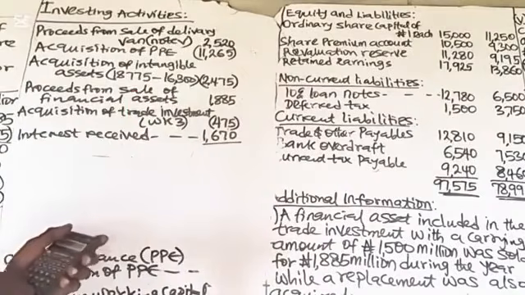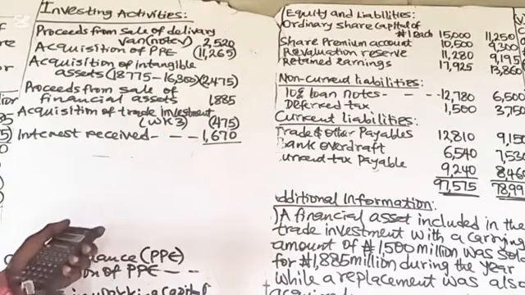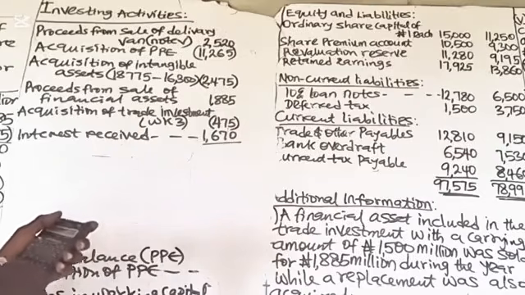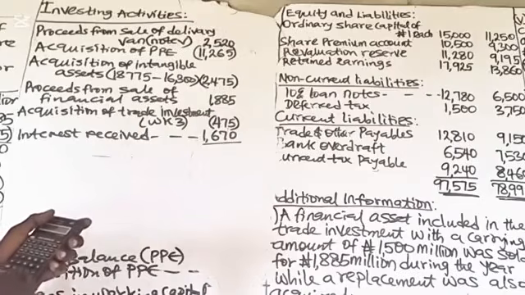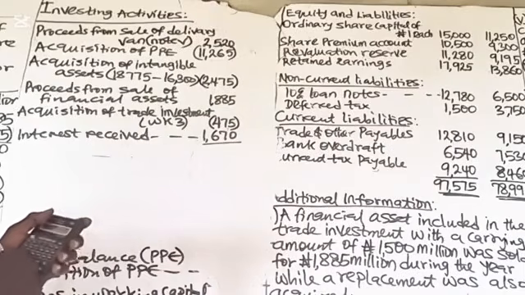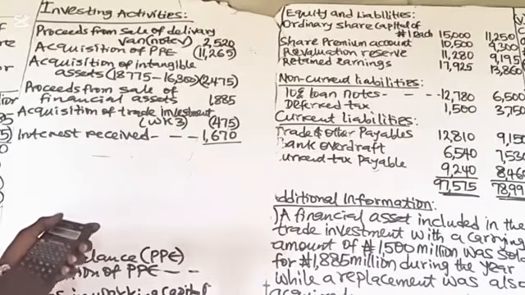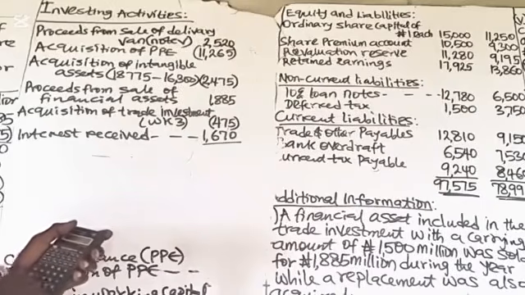Let's sum this up. 2,520 minus 11,265 minus 2,475 plus 1,885 minus 475 plus 1,670.